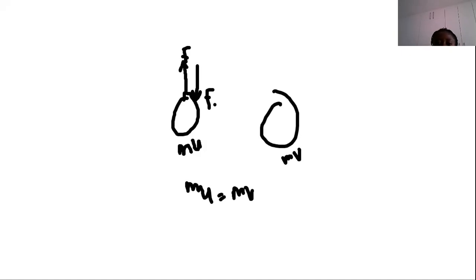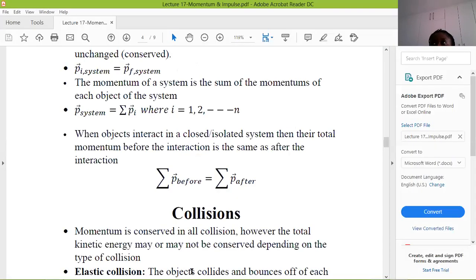So we are saying that the momentum of that system before the interaction and after the interaction are equal.